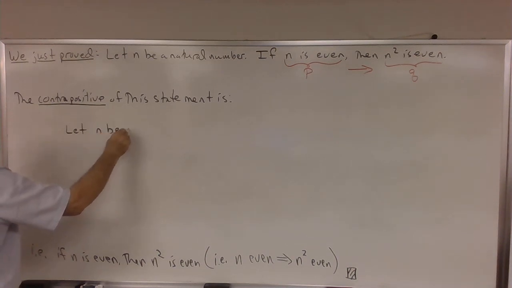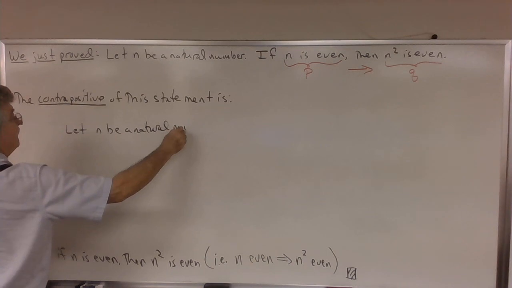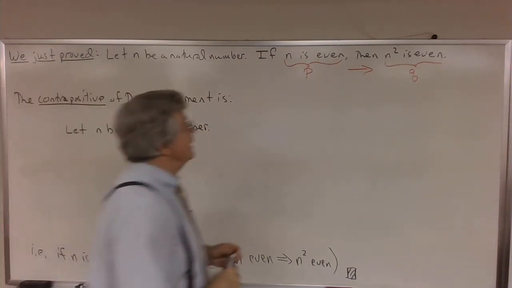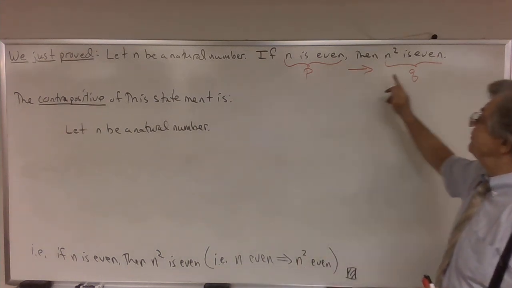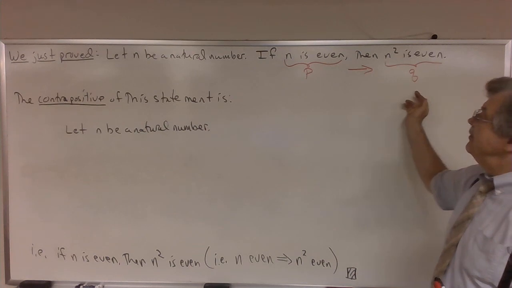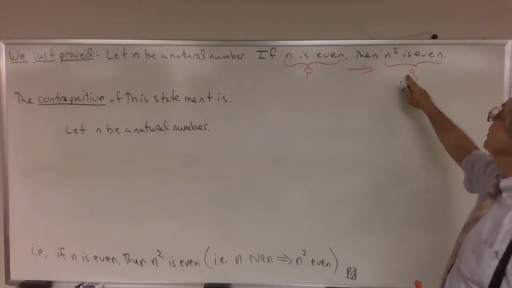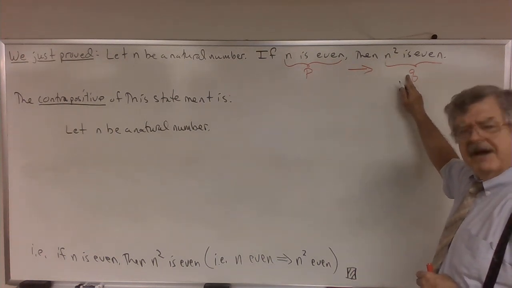Let n be a natural number. And how do we get the contrapositive? We negate each of these statements and then switch the order. So we negate Q. If n squared isn't even, it's got to be odd, right?